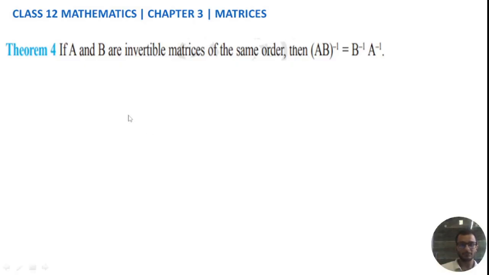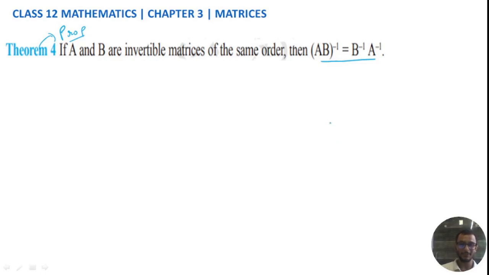So what this theorem tells, you should remember this theorem as a property, it will be used many times in the questions, and they will ask you to verify this: that if A and B are invertible matrices of same order, then AB whole inverse is the same as B inverse A inverse. I think you had seen something like this earlier also.